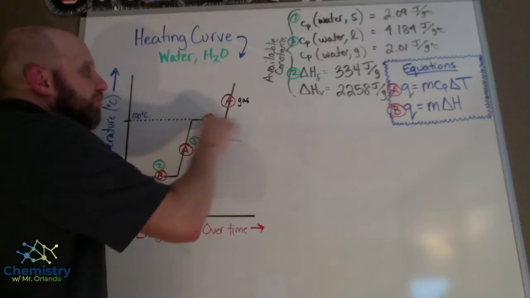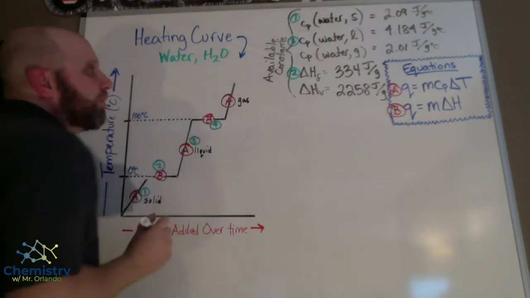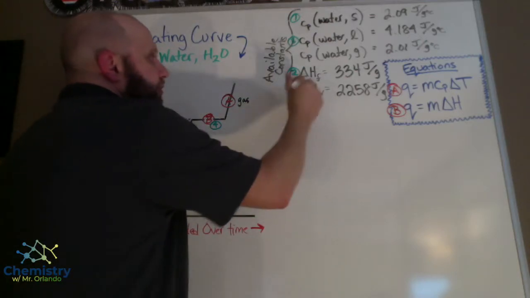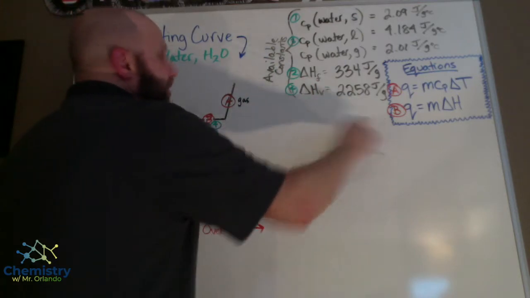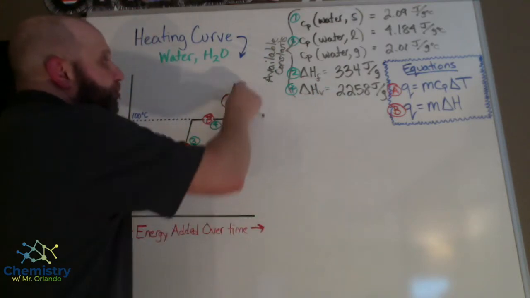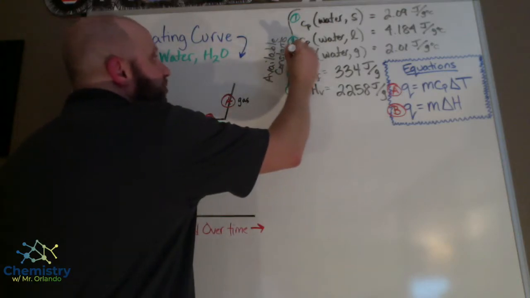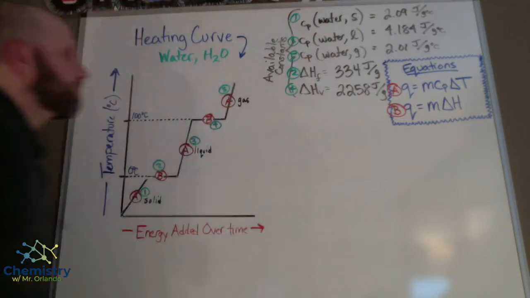So this phase change is called vaporization. In this part, I'm going to use constant 4. And then finally, for this last part, where we're increasing in temperature once again, we're going to use the last Cp constant, which I'm going to call number 5.